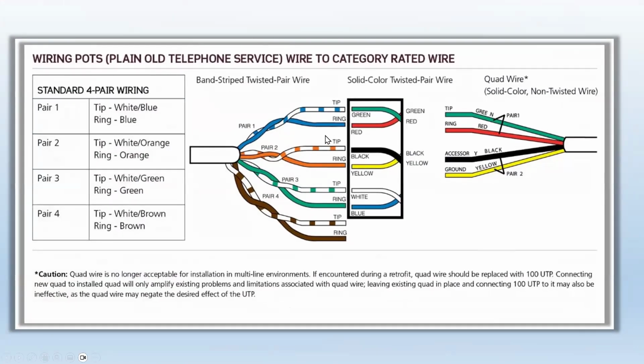All right, here is another translation of how the old color code translates into the new blue, orange, green, brown pairs, if we're connecting that. However, remember that two middle prongs, depending on how you want to connect things, you have to think, okay?